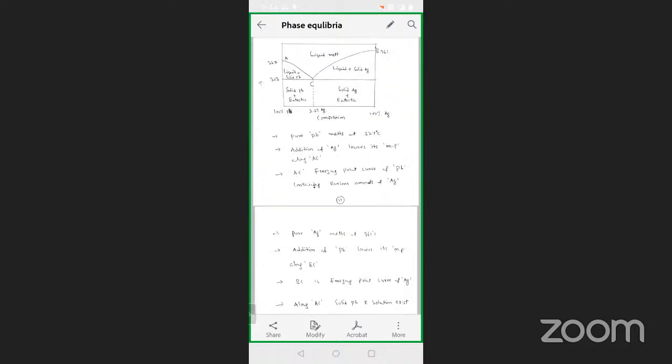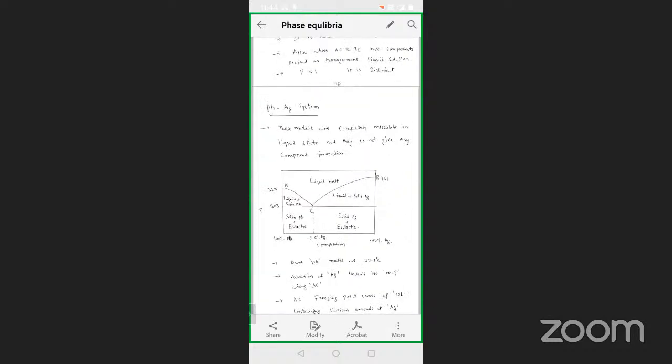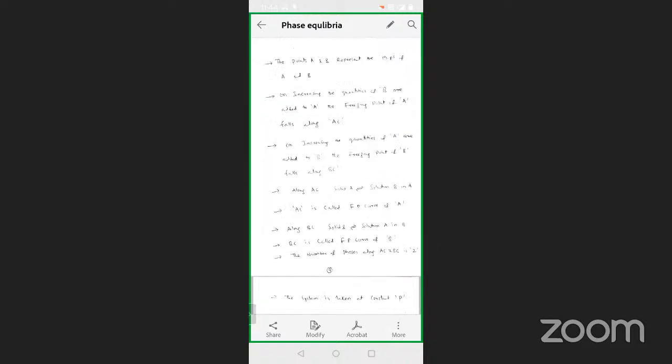Now let us discuss lead silver system. Now try to concentrate on all these points in phase equilibria, phase rule.